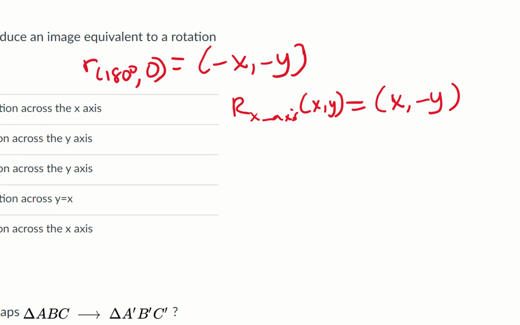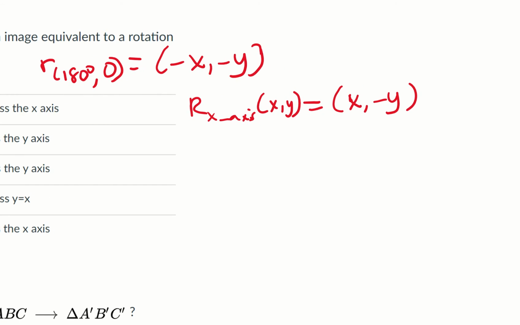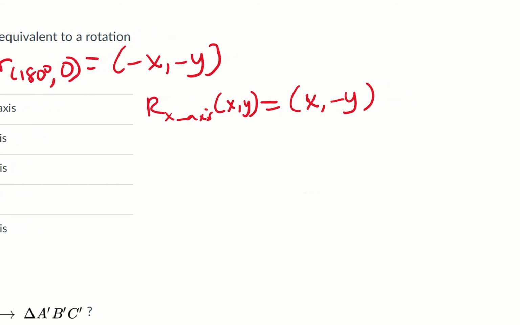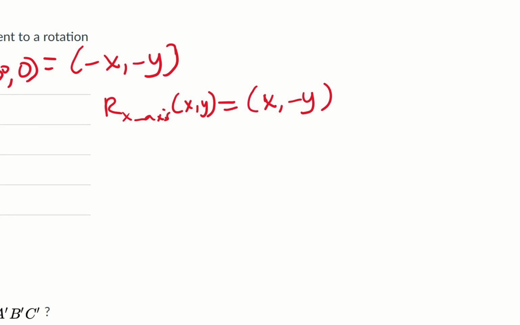So if I did this for the first round, then I would get x negative y. But if I did another reflection about the x-axis, well, now this time I'm doing it for x negative y, right? So I'm doing it for this coordinate instead.